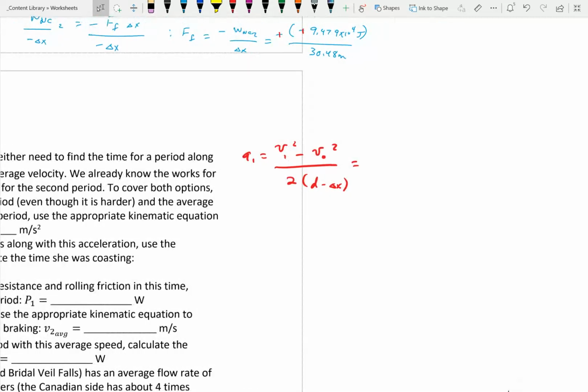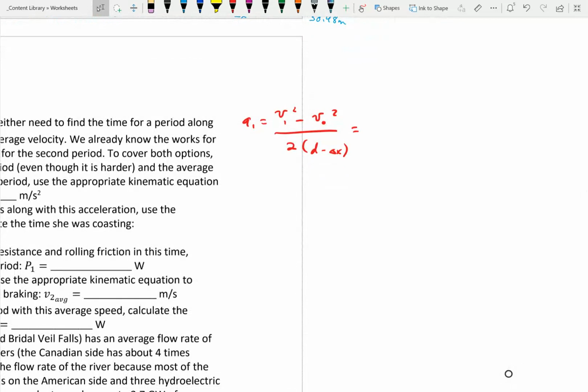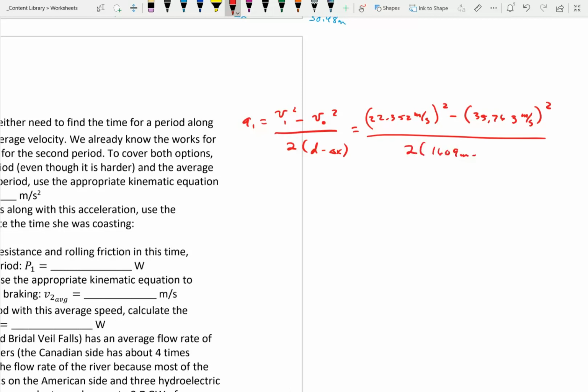So that's equal to v1, speed 1 was 22.352, squared minus initial speed of 35.763 meters per second squared, all over 2 times my 1609 meters minus 30.48 meters.